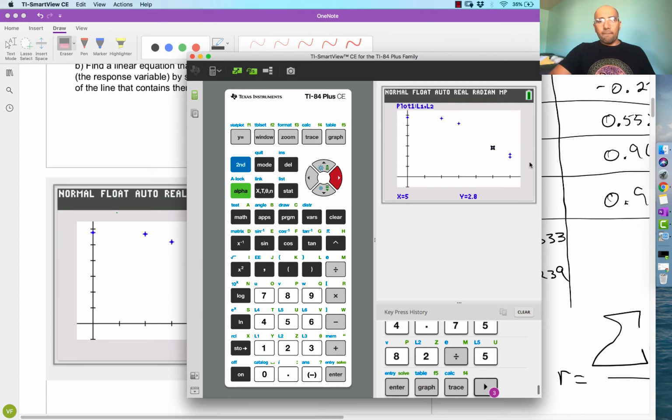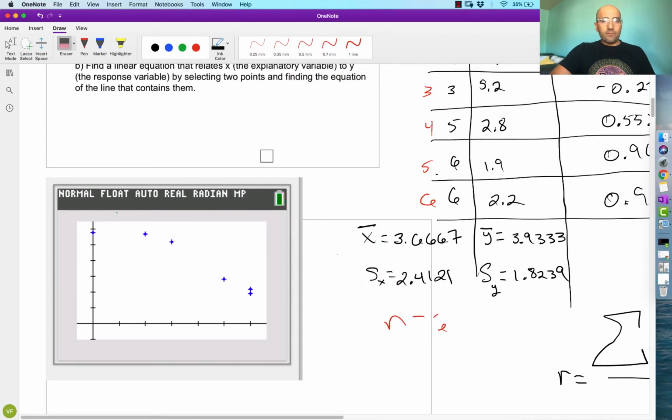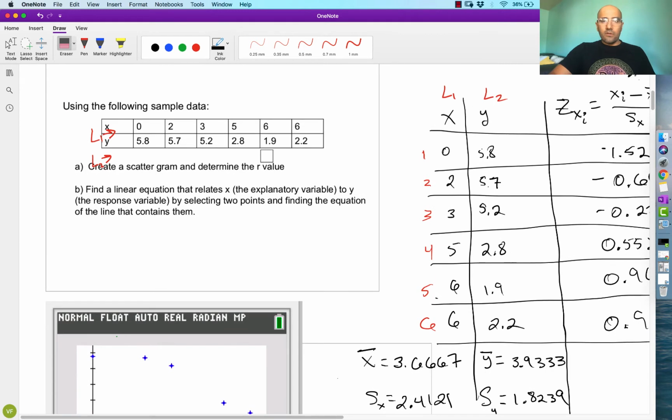Okay, so let's go back over here. Let's go back to our table. And I'm saying I want to find the linear equation that goes through this point and this point. Right? So for part B, find a linear equation that relates x, the explanatory variable, to y, the response variable, by selecting 2 points and finding the equation of the line that goes between them.